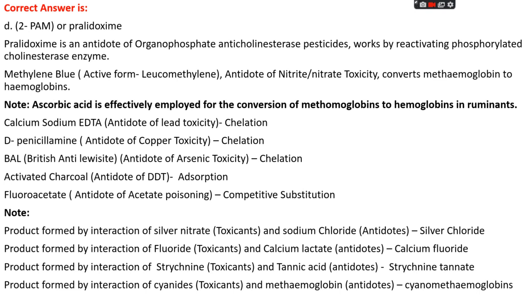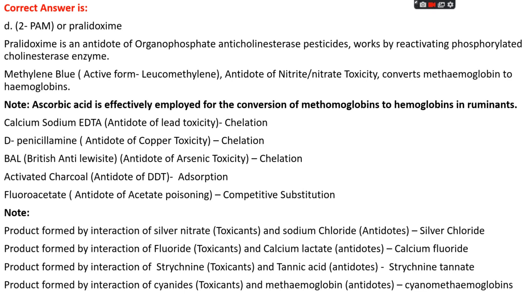Similarly, methylene blue, whose active form is leucomethylene blue, is the antidote of nitrate toxicity; it converts methemoglobin to hemoglobin. Ascorbic acid is also very effective for the conversion of methemoglobin to hemoglobin in ruminants.